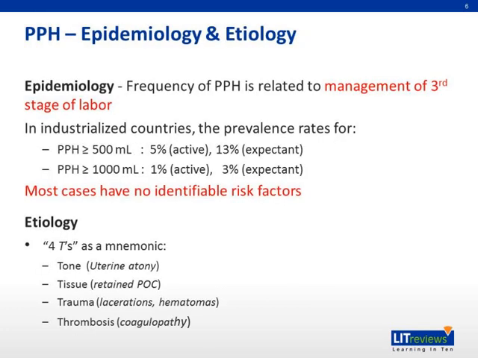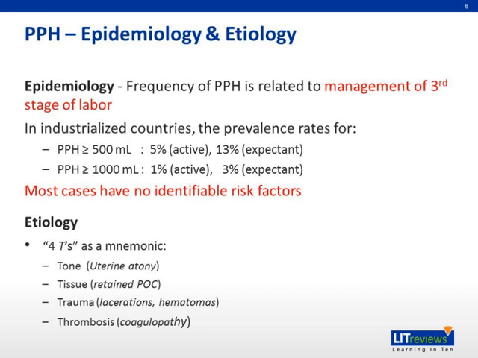Now let's go on to epidemiology and etiology of PPH. The epidemiology of PPH is related to the management of a third stage of labor. As we can see in industrialized countries, the prevalence rates for the following PPH is seen here.